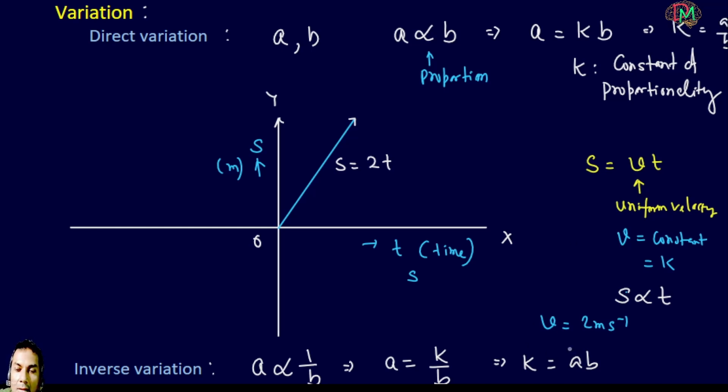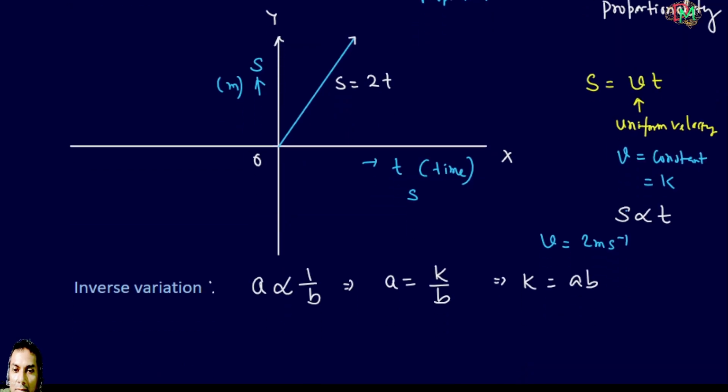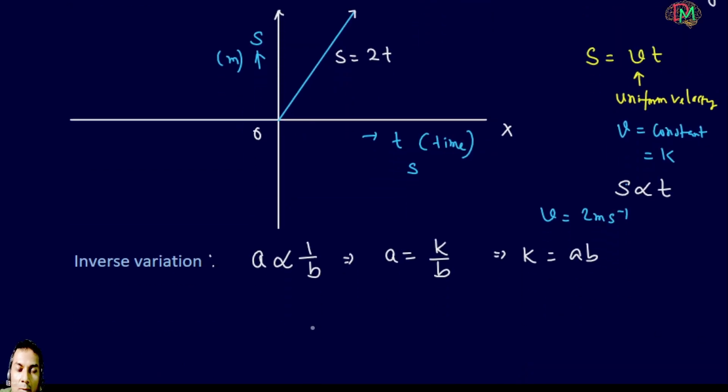So if two values are given, we can find out the proportionality constant, or constant of proportionality. Clear?